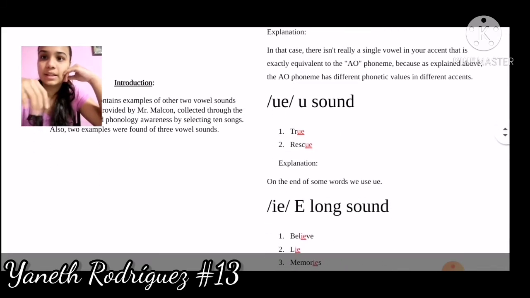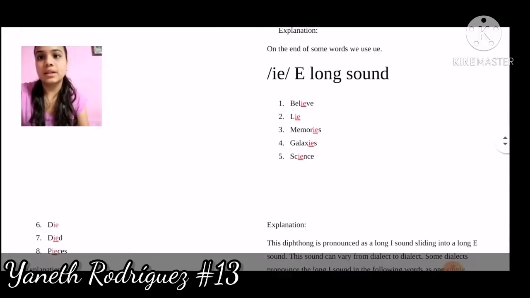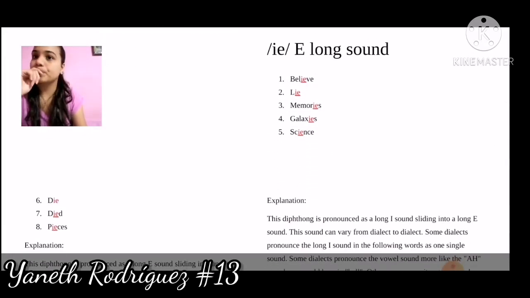And then the UE sound that is like a U sound, for example in true, rescue. And then I have here a long E sound as in believe, lie, memories, galaxies, science, die.